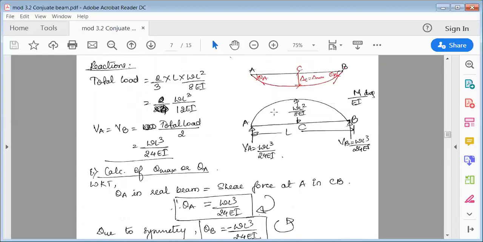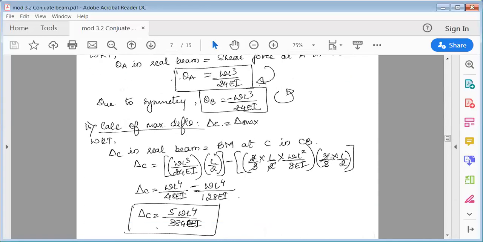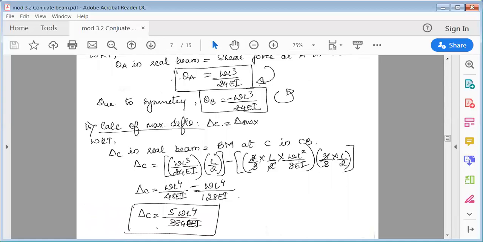Then the CG of this area from point C, because we're measuring with respect to C. The centroid is 3 by 8 times the distance between A and C, so 3 by 8 times L by 2. So it is area into CG distance.